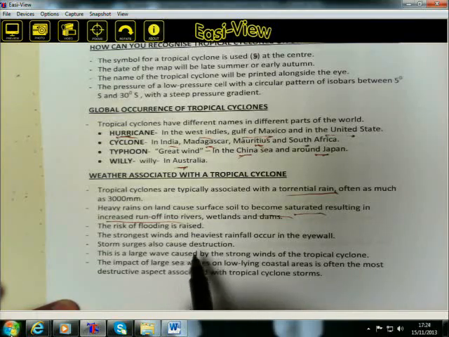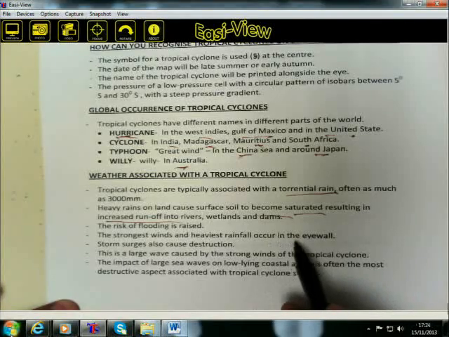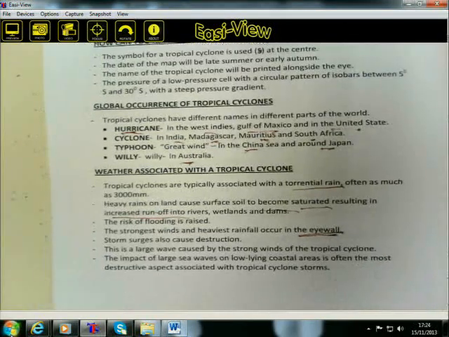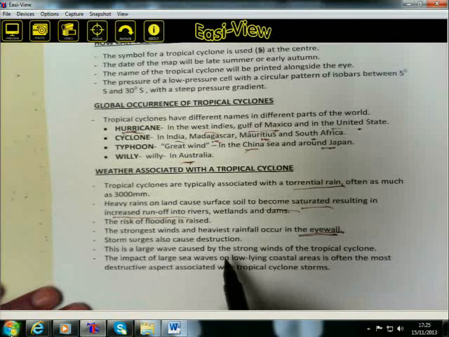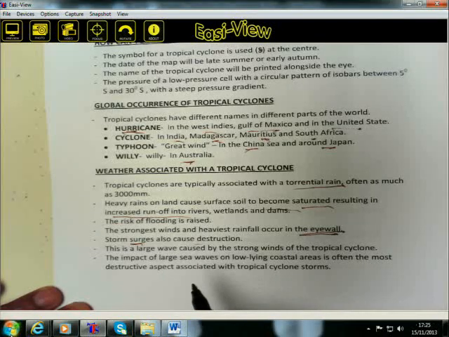The strongest winds and heaviest rainfall will occur in the eye wall. Remember, the eye wall is formed by the cumulonimbus clouds surrounding the eye. They are going to experience storm surges also that will become so destructive. There will be large waves in the oceans.